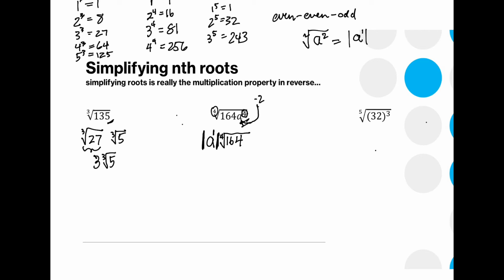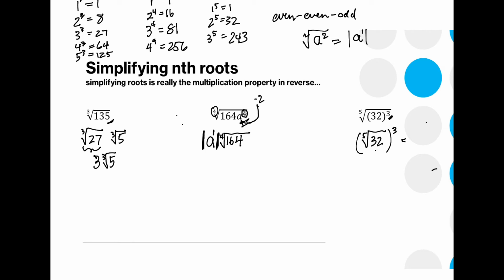All right, and then for the last one, 32, we're doing the fifth root of that. The way this is written with the cube underneath there, we would generally raise that first. But it's probably going to be easier in this case to take the fifth root of 32 first, since 32 is a perfect fifth, and then cube that result.